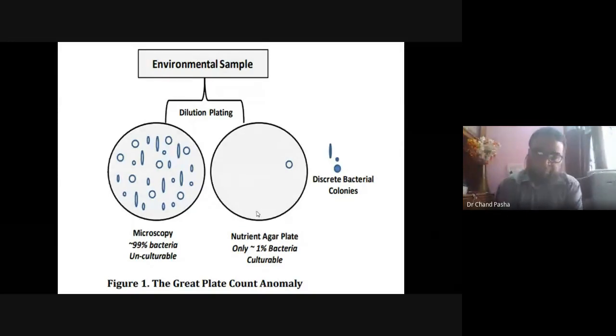And from these growing bacteria, again only 1% are being exploited for different applications. To say, from the total environmental microbes, we are able to grow and explore only 0.1%.